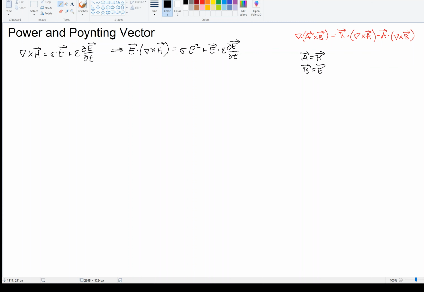So now this thing that I've written here becomes, after the vector identity, H dotted with the curl of E plus the divergence of H cross E equals sigma E squared, sigma not sigma squared, plus E dotted with epsilon times the time derivative of the electric field, like this.